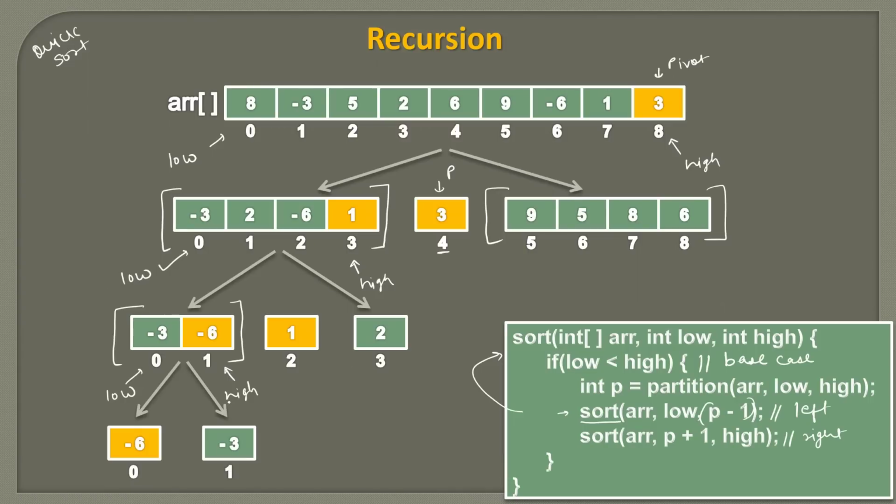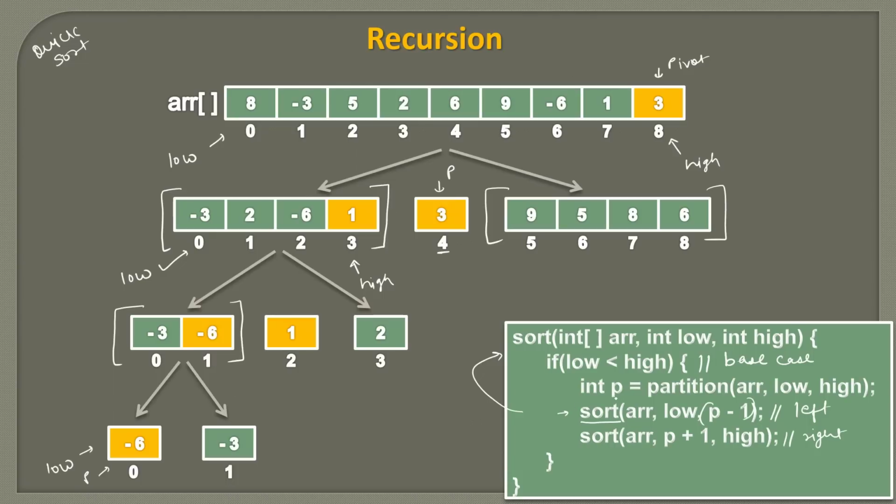So it looks like this. As there are no elements which are smaller than -6, -6 will be the only element on the left side, which is at index 0, and -3 is greater than -6, so this will lie on the right side. So friends, here you can see that now this is our low and this is our pivot index.